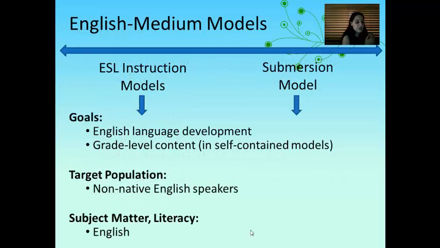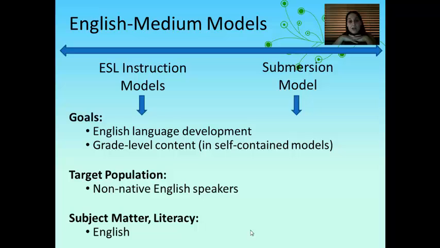Okay, the other thing I wanted to talk to you about was the different types. So, for example, sheltered English immersion typically refers to a self-contained grade-level classroom for ELLs, where teachers are trained and certified to provide language and content instruction for ELL students. So if you can imagine a program in a school where all the English language learners are placed into one classroom.